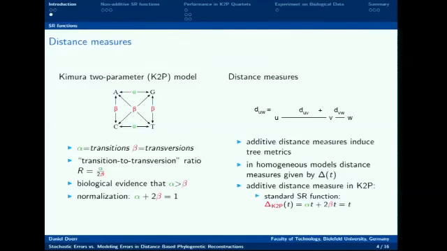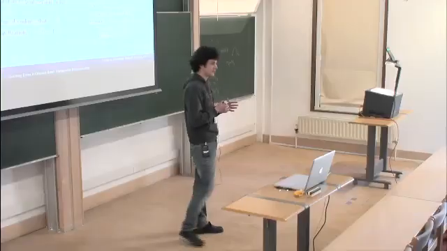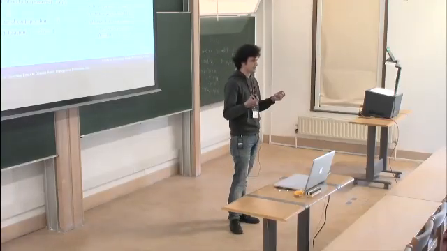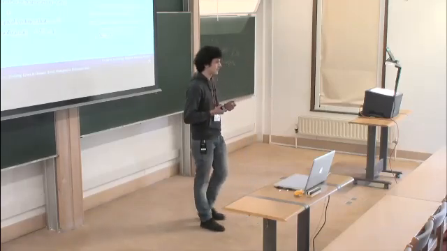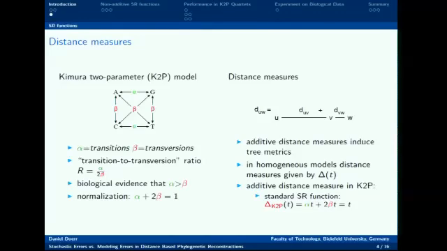So just a quick introduction. I spare the details because of lack of time, I guess. What are distance measures? Simply and generally speaking, a distance measure is a function that estimates a distance between two sequences. And in phylogenetic reconstruction, we usually use additive distance measures because in case our distance estimates are accurate, this results in a tree metric, the tree metric of our model tree.